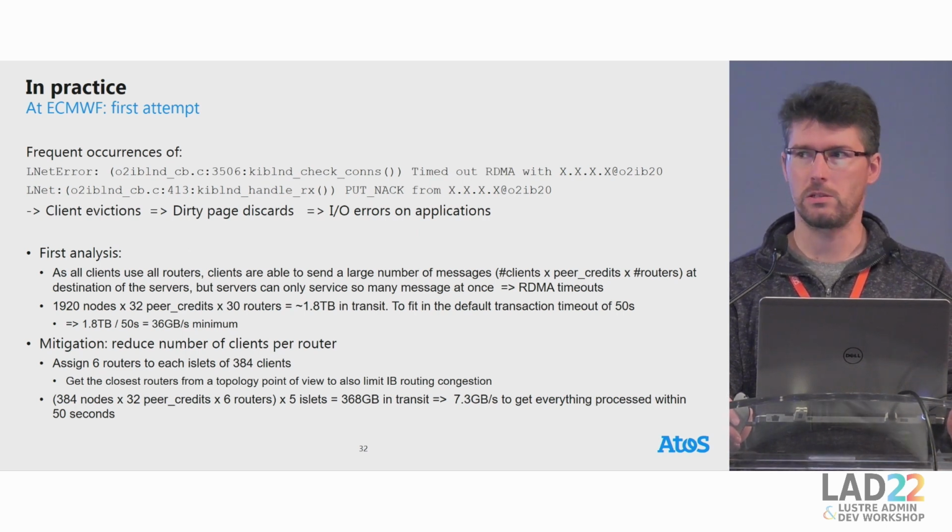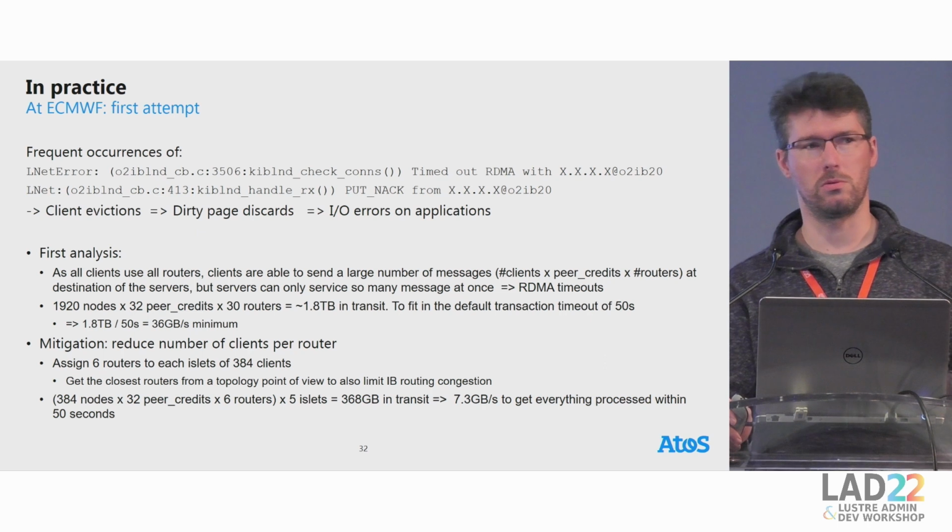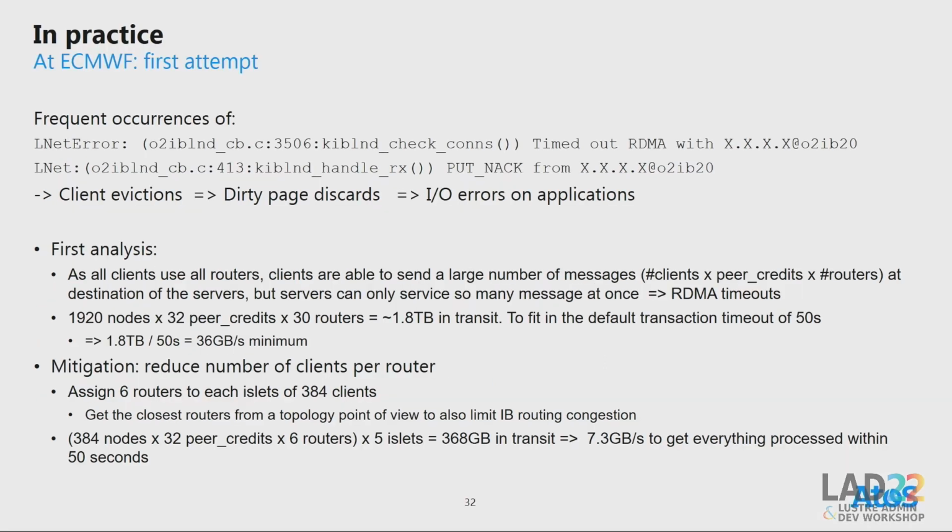The first analysis of this problem was that as all clients are able to use all their credits to each router, if you make the count, that means that you can get up to 1.8 terabytes in transit, which obviously is quite difficult to pass in 50 seconds, which is the default transaction timeout at the LNet level.